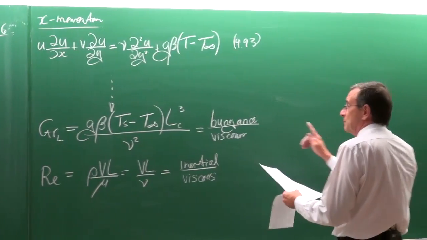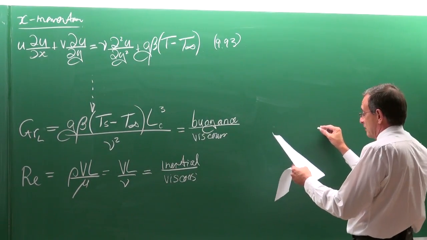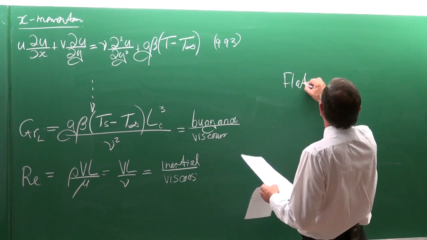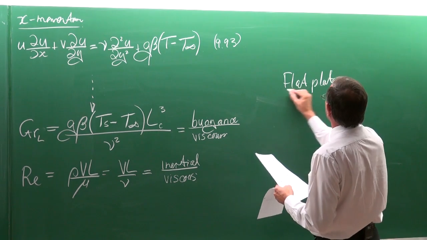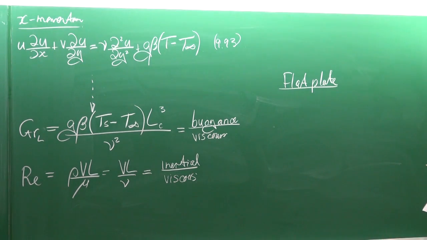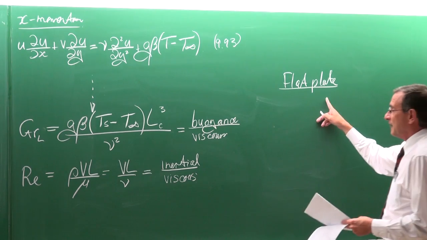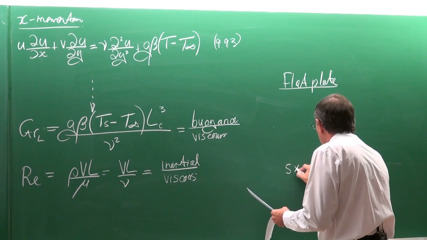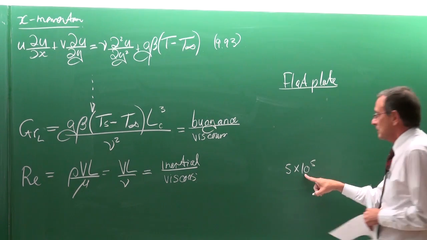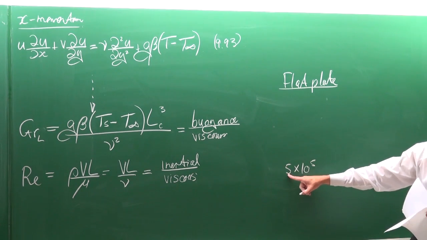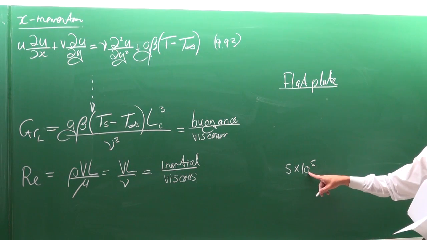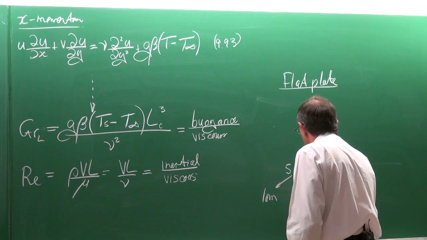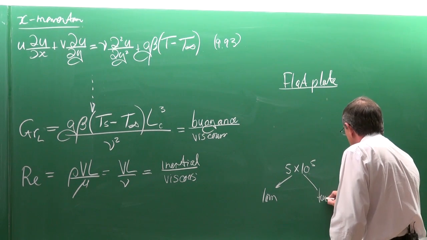So if we've got a flat plate situation, let's just use one value here. If the Reynolds number is smaller than 5 multiplied by 10 to the 5, the flow would be laminar. If it is larger than that, it would be turbulent.